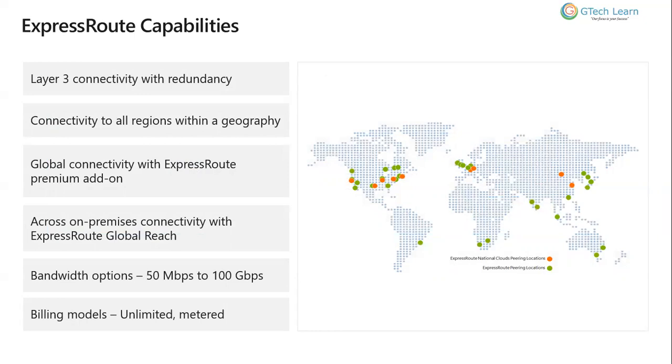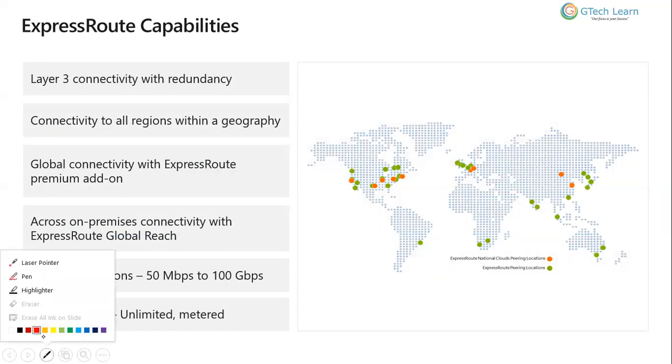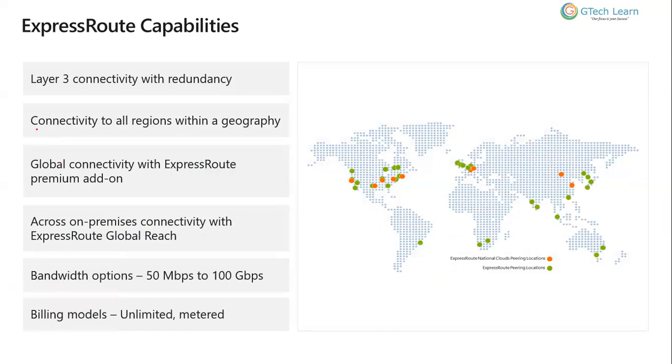Talking about connectivity, it can be from any-to-any IPVPN network or point-to-point Ethernet network. It can provide you connectivity to all regions within the geography, and it will provide global connectivity with the ExpressRoute Premium add-on.